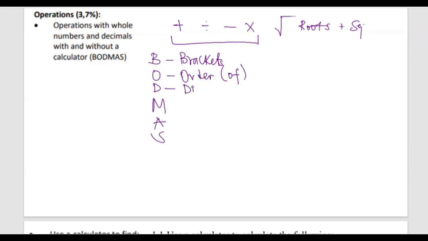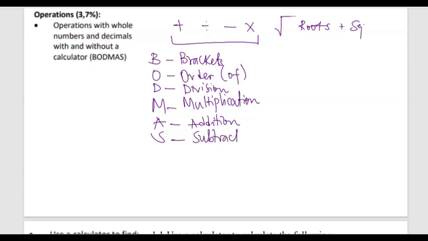Then we have division, multiplication, then we come with addition, and we end with subtraction. In that order, you start with 1, 2, 3, 4, 5, then 6, in that order.